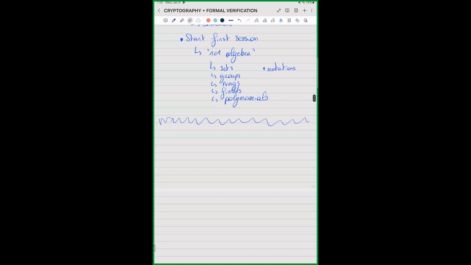I think I said it, but we're going to start with some algebra, basic 101 algebra. Why? It's because a lot of concepts in cryptography rely on algebraic objects, and the security bugs that we can find in some implementations are often related to some mathematical properties of these objects that are not respected.